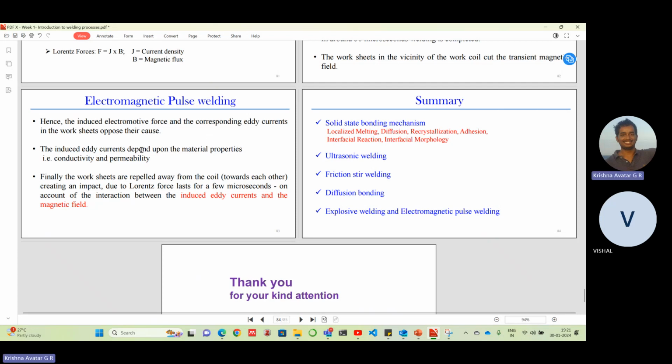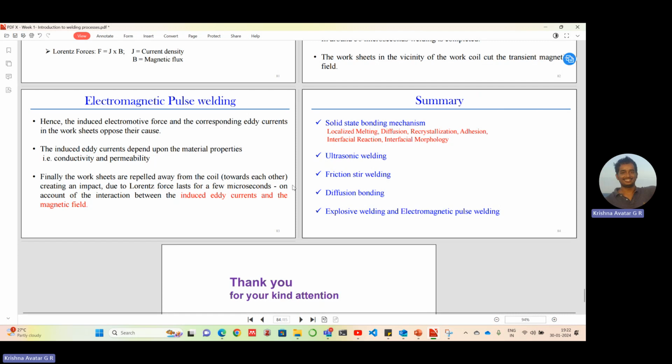The induced eddy currents depend on material properties such as conductivity and permeability. Finally, once this process is done, the workpieces are repelled away from the coil or towards each other, thus creating an impact due to the Lorentz force.